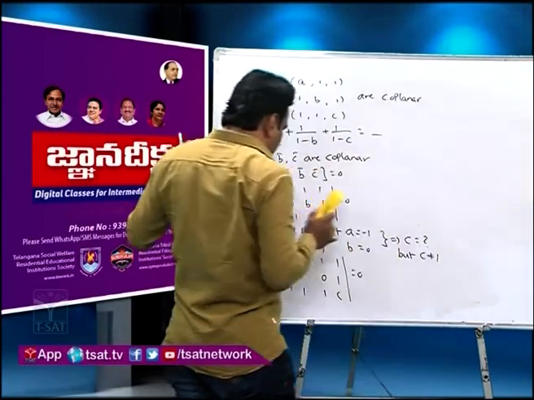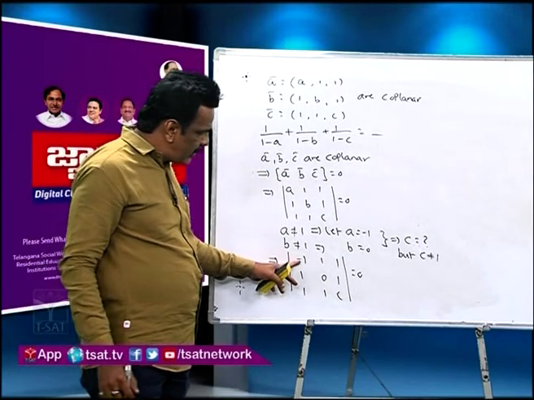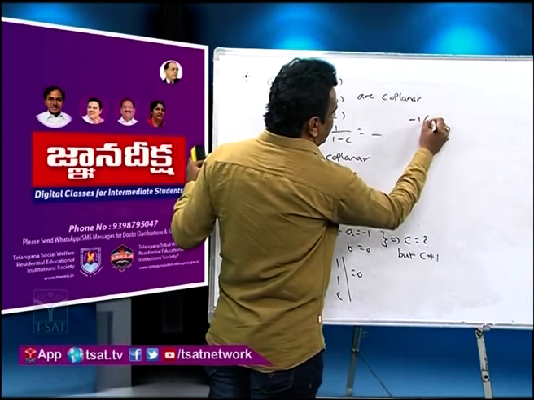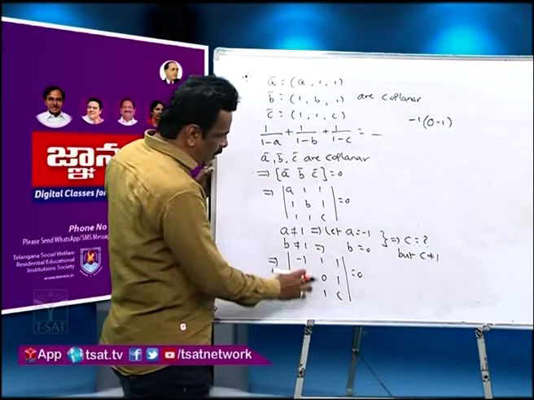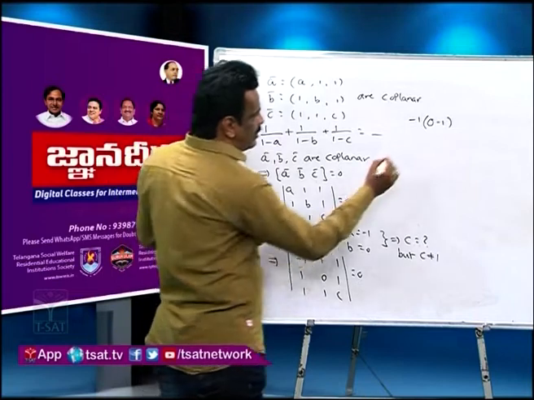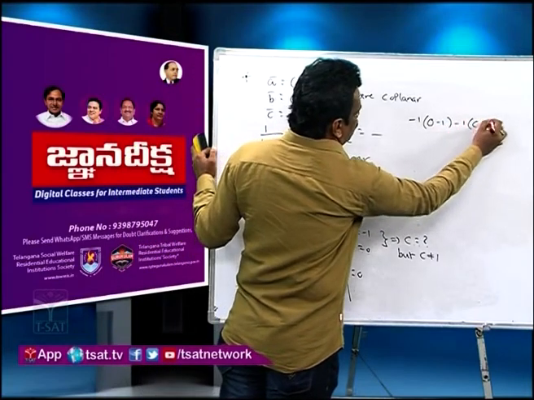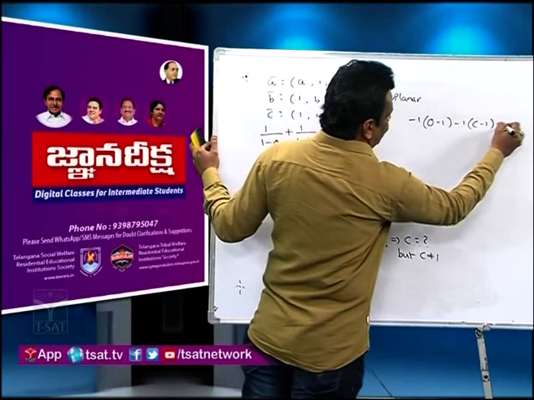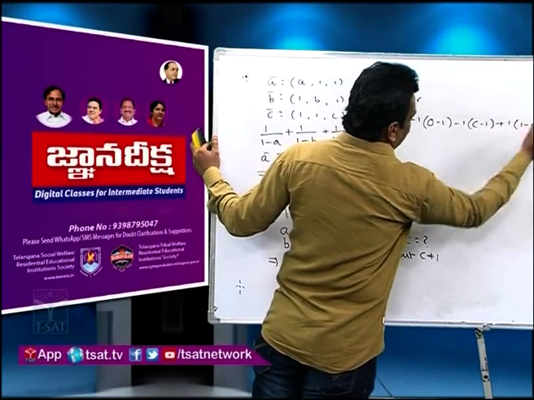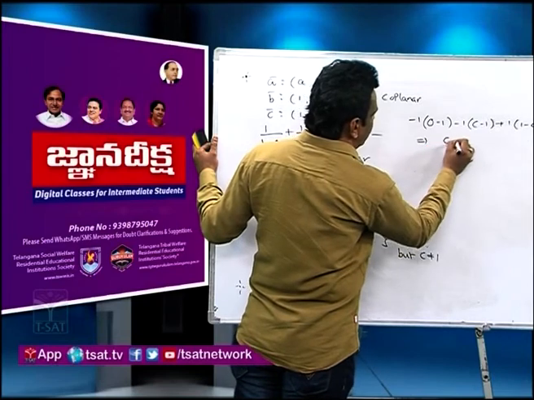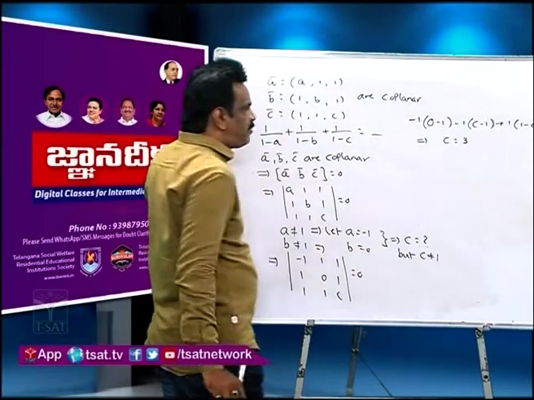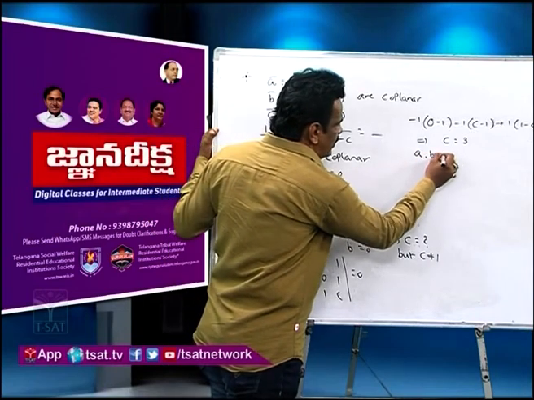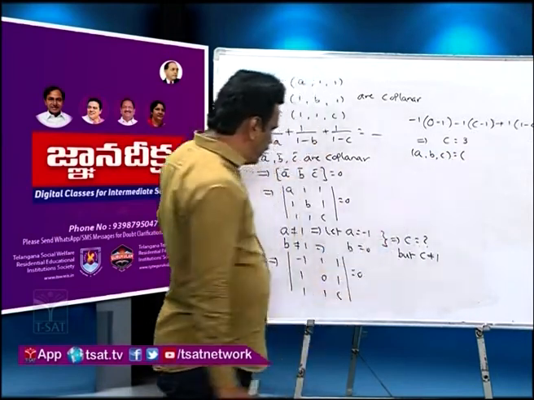So here on expanding this, minus 1 into 0 minus 1, minus 1 into C minus 1, plus 1 into 1 minus 0, equal to 0. You identify here C becomes 3. So we got here the three values A, B, C. A, B are assumed.